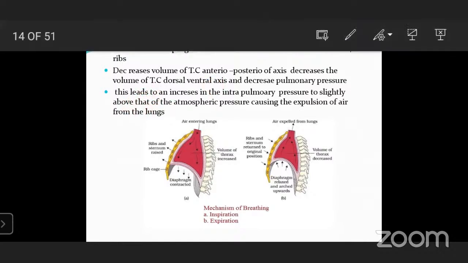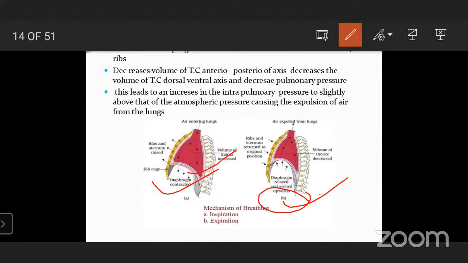Expulsion from the lungs. Whenever you see the diagram, in diagram A there is the contraction of the diaphragm muscles and the external intercostal muscles. But in diagram B, there is something very important. In diagram A we observe the diaphragm is flat.